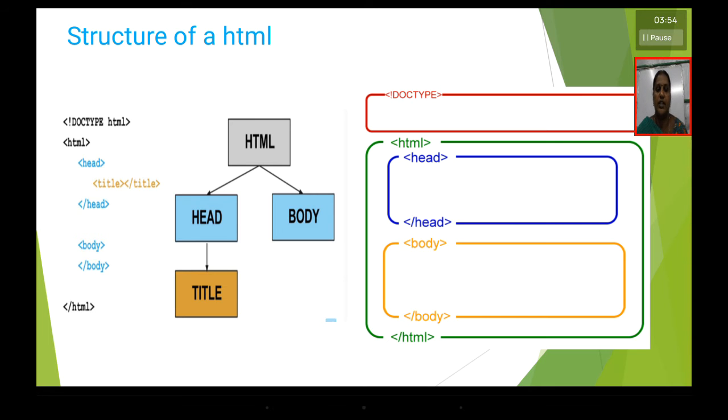This is the structure of HTML. When you want to develop your own web page, HTML is divided mainly into two parts. One is the head part, another one is the body part. In the head part, we write only one tag, that is the title. What we want to show as the title of our web page will be shown. For example, when you open Amazon.com, it is displayed on the top. That is called the title.